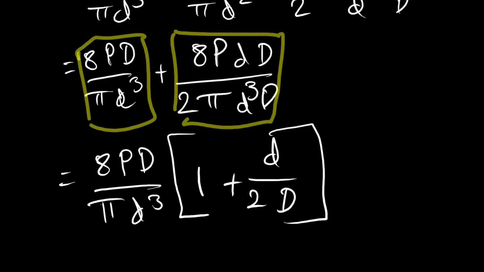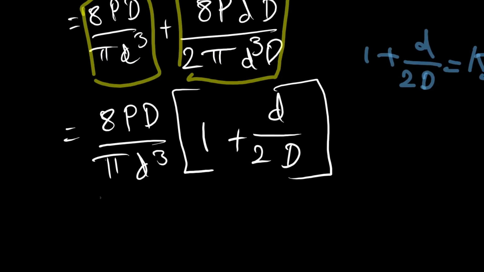Now this term over here, 1 plus d by 2D, is nothing but the shear stress concentration factor. Basically, this term gets replaced by another term, which is denoted by the letter Ks.